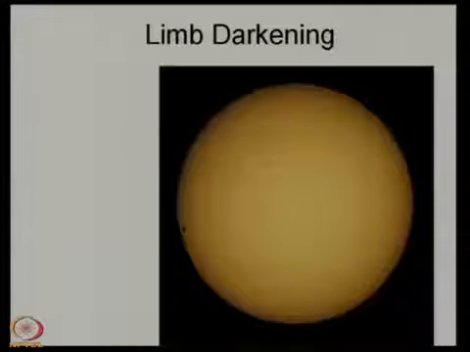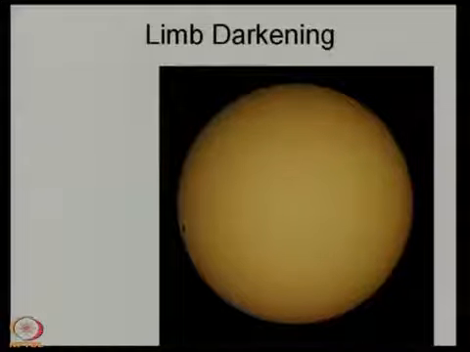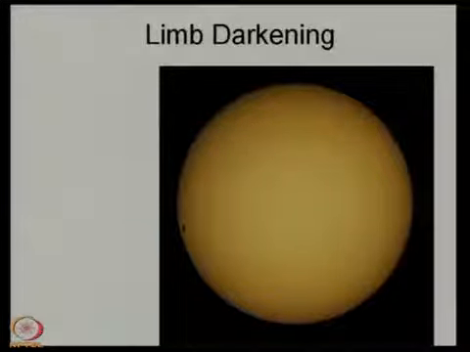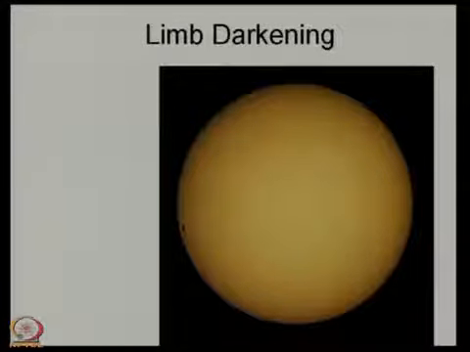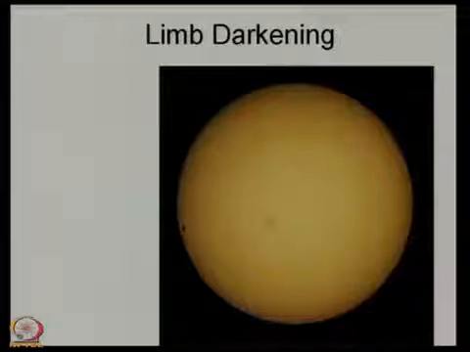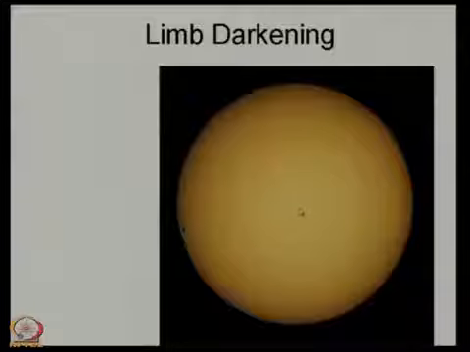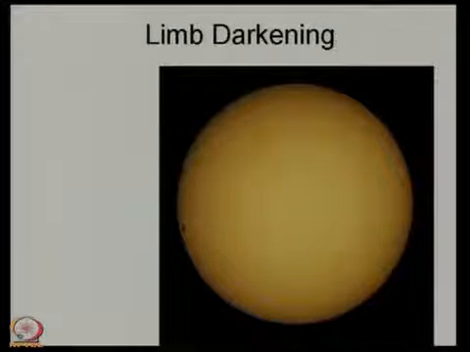Okay. There is another evidence, let me show you that, and then we shall discuss the implications. And this evidence is limb darkening. So this shows you an optical picture of the sun, and if you look at this picture, I am sure you can make out that it appears brighter in the center and it appears to get darker as you go away from the center towards the edges.